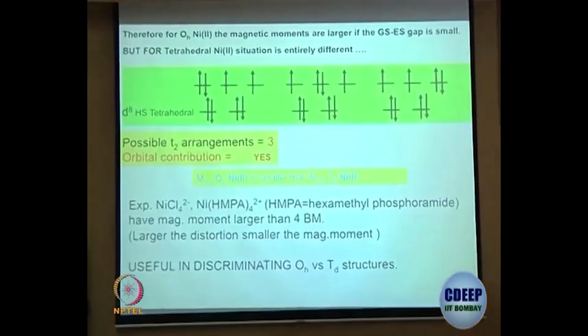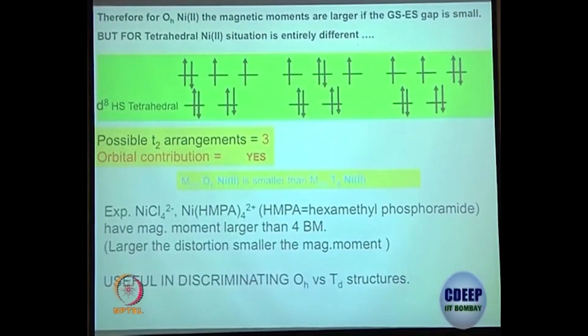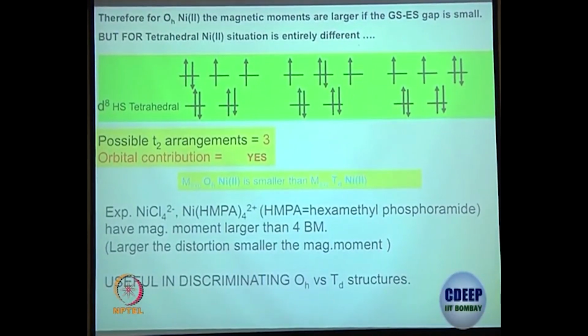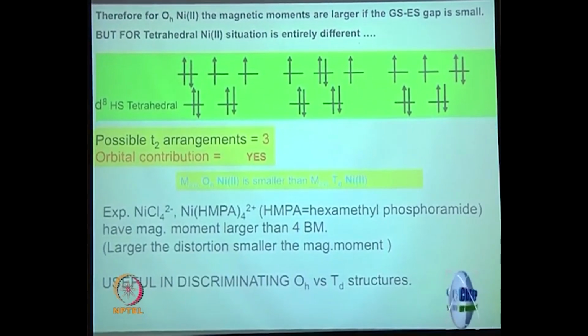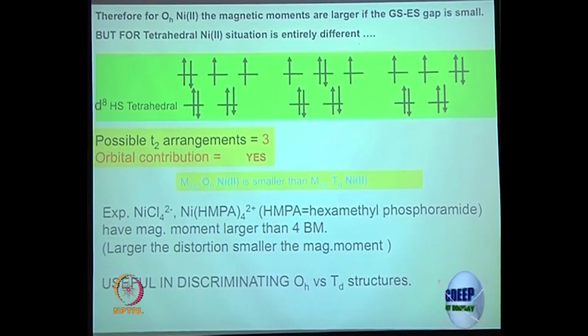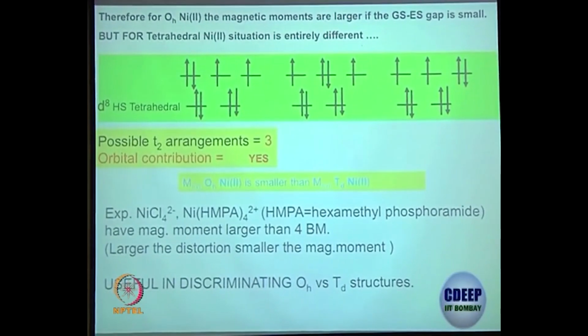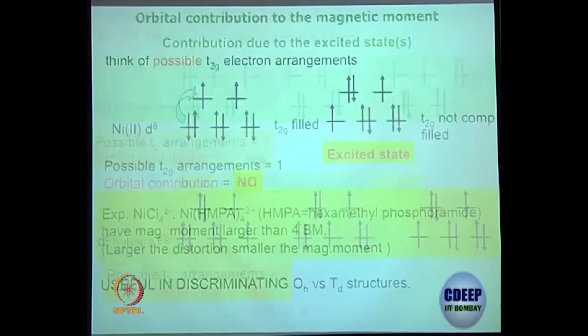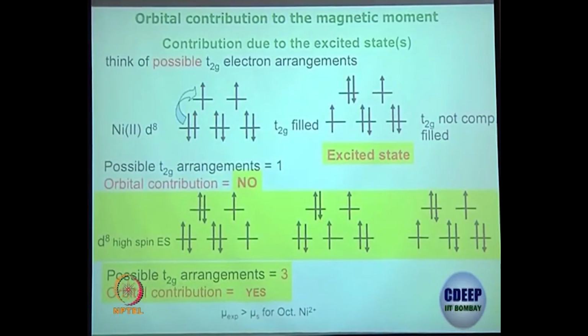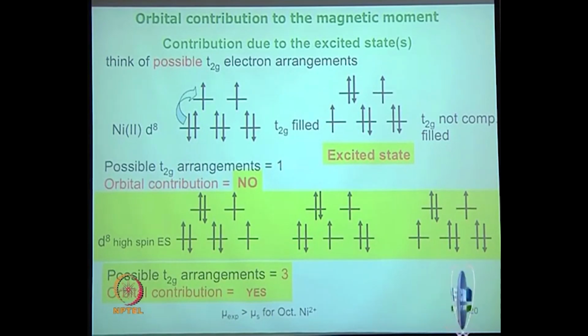Now the question simply is, which one will have higher orbital or higher magnetic moment value? Both of them are having 2 unpaired electrons. Here you have 2 unpaired electrons, here you have 2 unpaired electrons, right? Octahedral, tetrahedral, both of them are having 2 unpaired electrons.